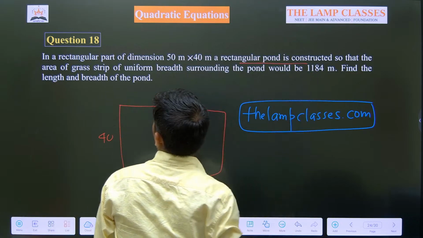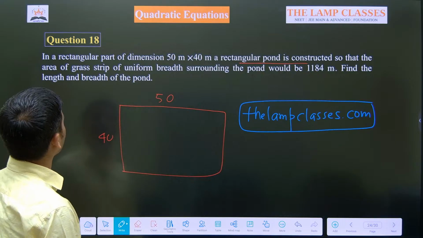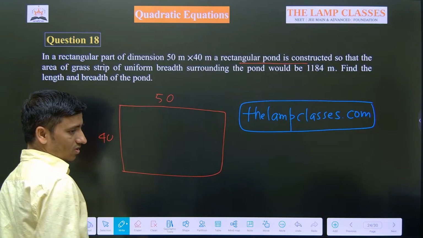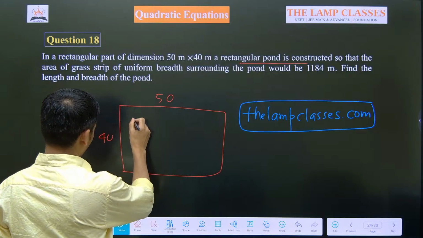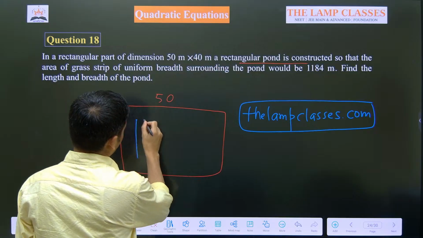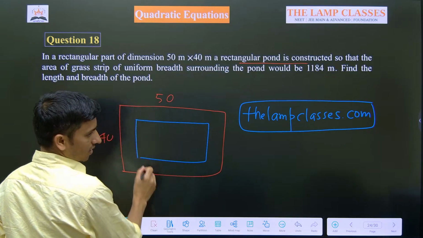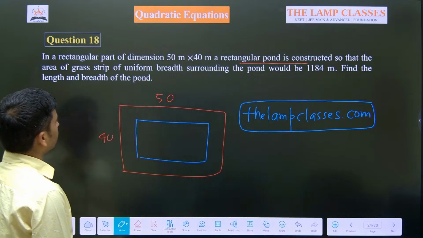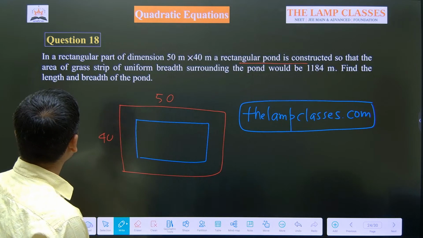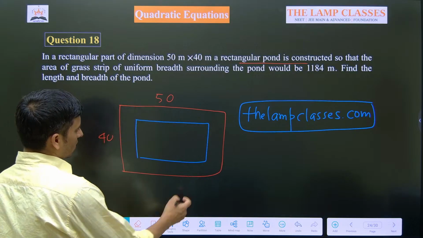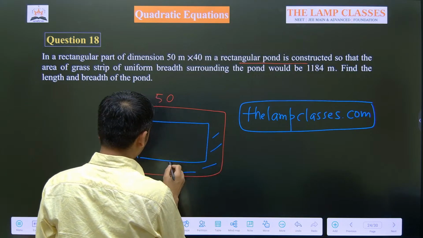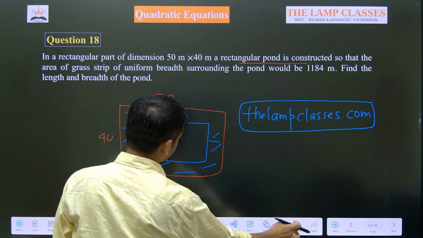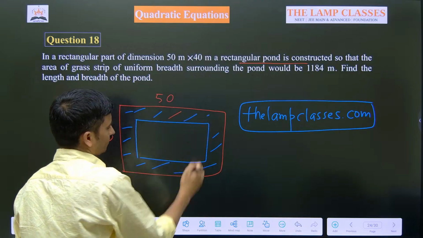A rectangular pond is constructed of area of grass strip uniform width. That's right, no? I hope we can understand. So we are making one path like that, no? So we are basically putting grass over this, no? And width is uniform. That means this length and this length are equal, guys. Now you can try.